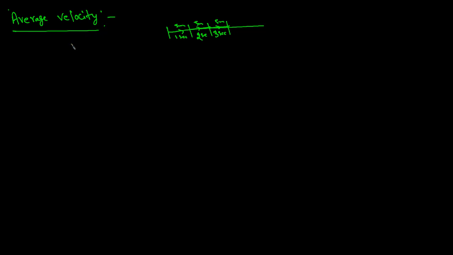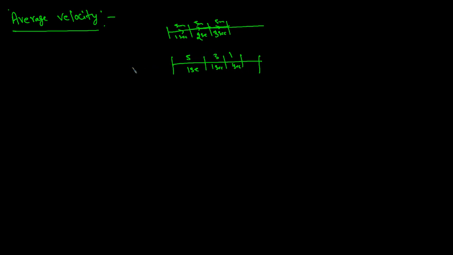Or if it has unequal displacement, like this is 5 meter, this is 3 meter, this is 1 meter, and time is the same, 1 second each, unequal displacement but in equal intervals of time, then this velocity is non-uniform velocity.